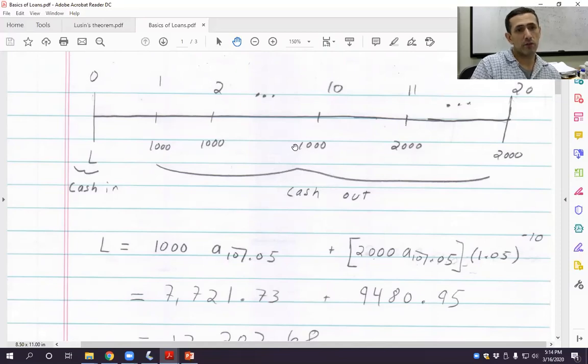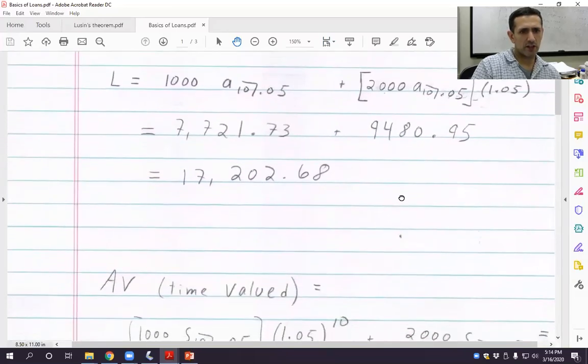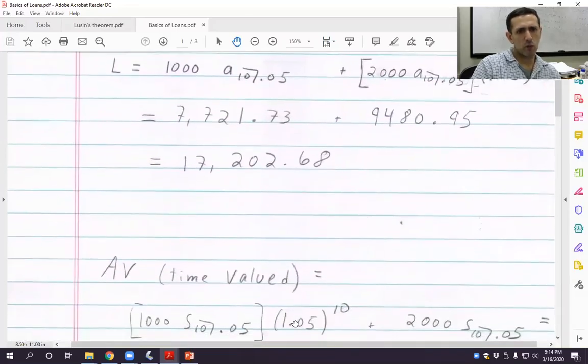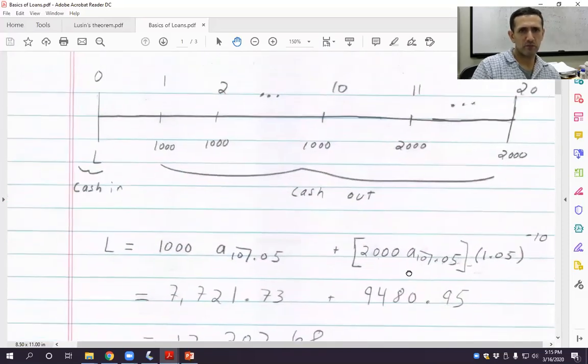So the accumulated value of these 1,000 payments accrues 10 years of interest, so it's 1,000 s angle 10 at 5% times 1.05 to the 10th. And then the 2,000 payments don't accrue any interest after we accumulate them at t equals 20, so it's 2,000 s angle 10 at 5%.